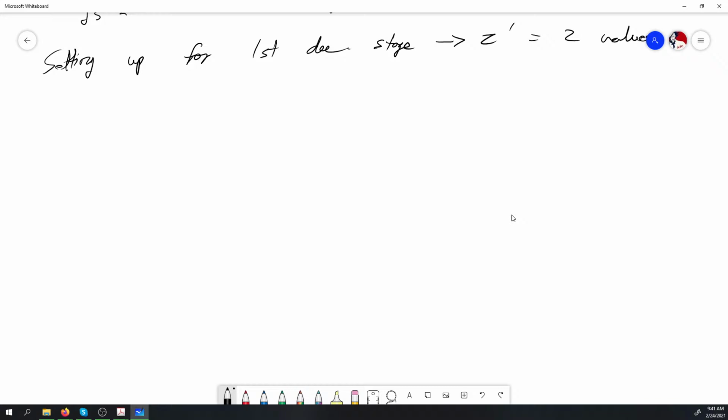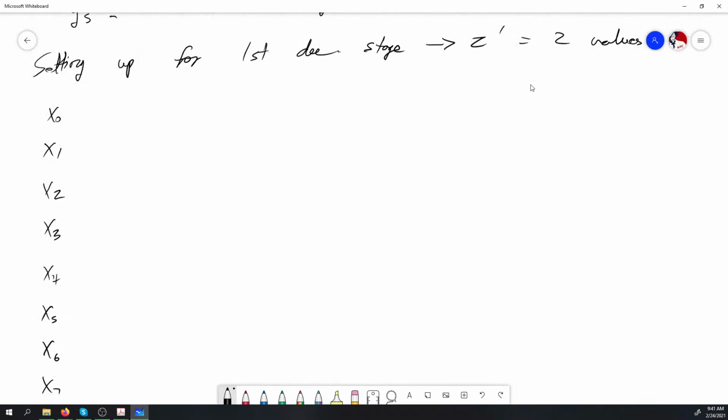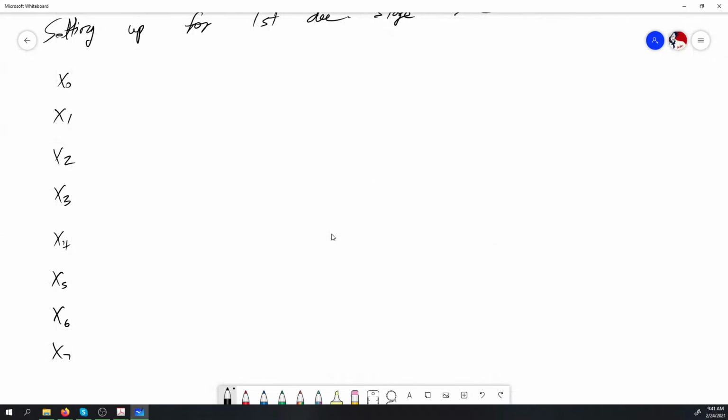So let's just call the inputs for these x0, x1, x2, x3, x4, x5, x7. And then because it's just every 2 values that's going to have an associated twiddle factor, that's going to be W2 of 0 and W2 of 1, which is just going to be 1 and negative 1.